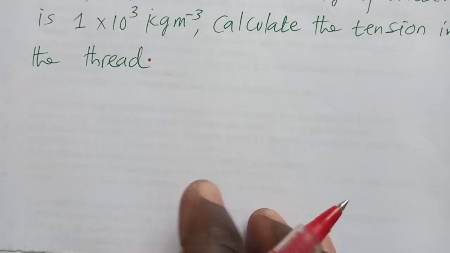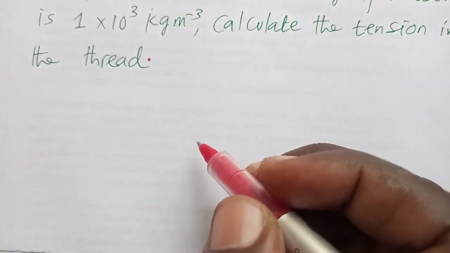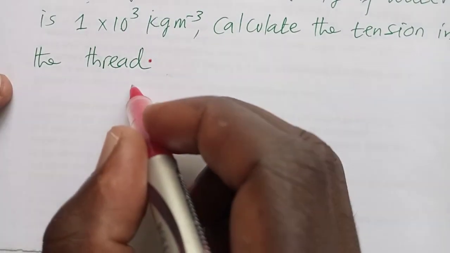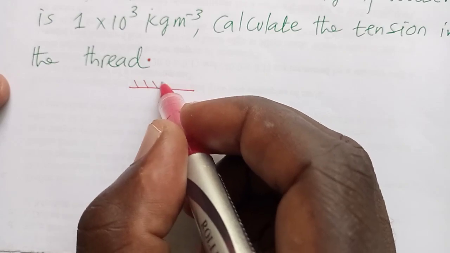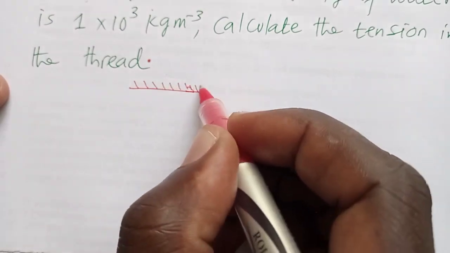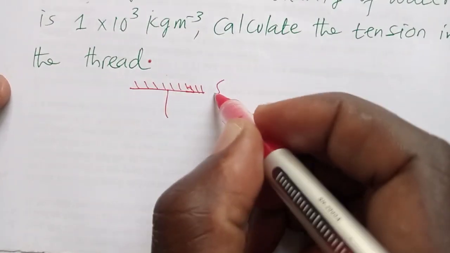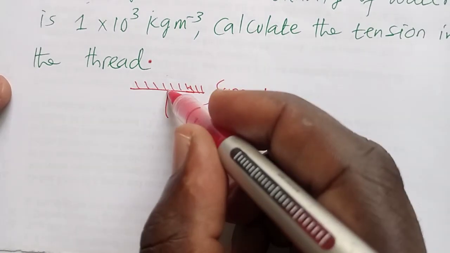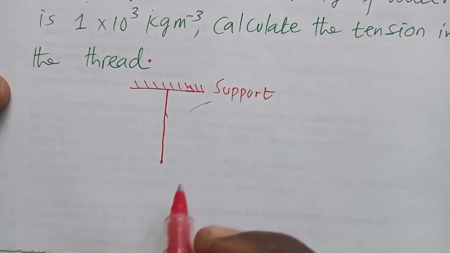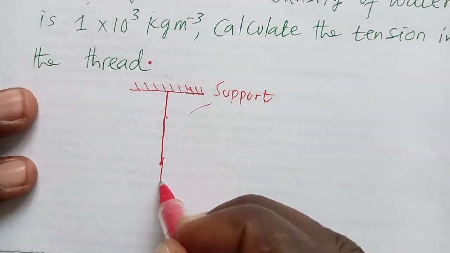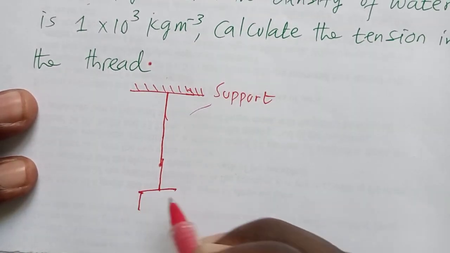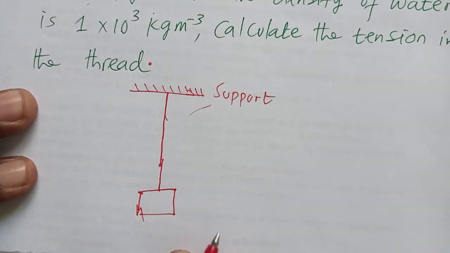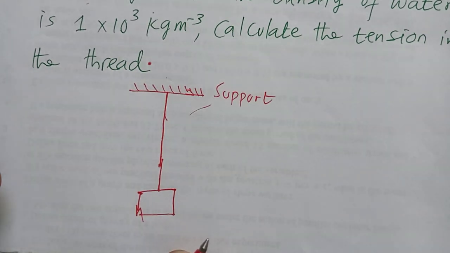As usual, when you have a problem like this, my advice is to try to draw a diagram. The problem says I have a copper block, this is a support, then I have a wire here, and then this is my copper block, which is immersed in water.